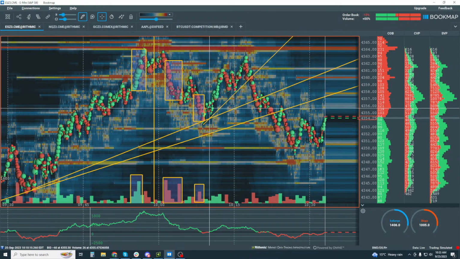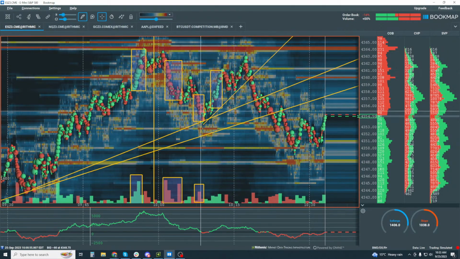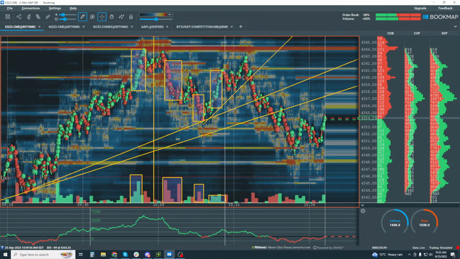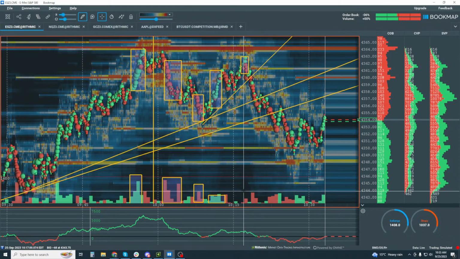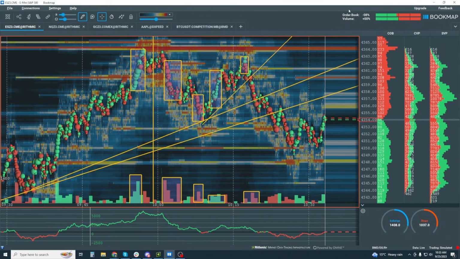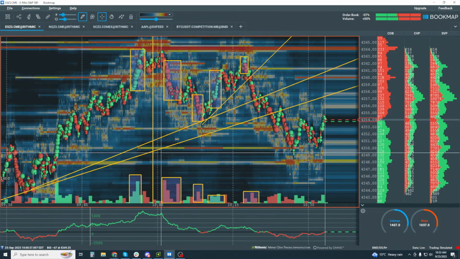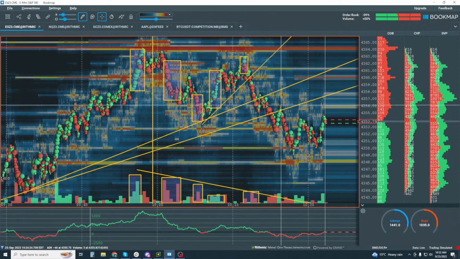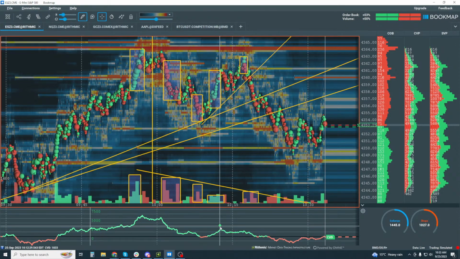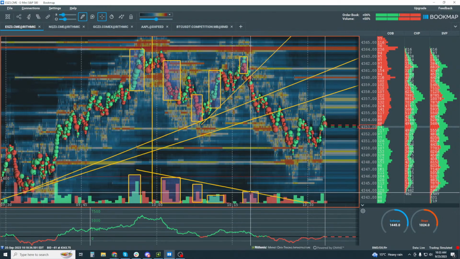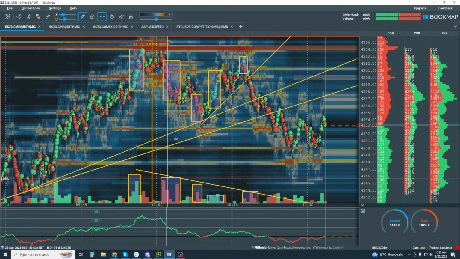Now look how strong this is. It's not as strong as previously, right? And then look at this move here. It's not strong at all. It's weak, right? So now we have divergence not only in cumulative volume delta down here, but we also have it in the volume here.